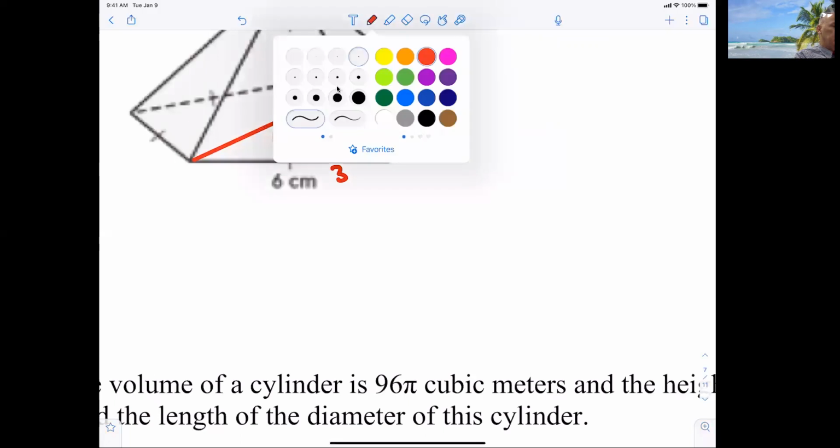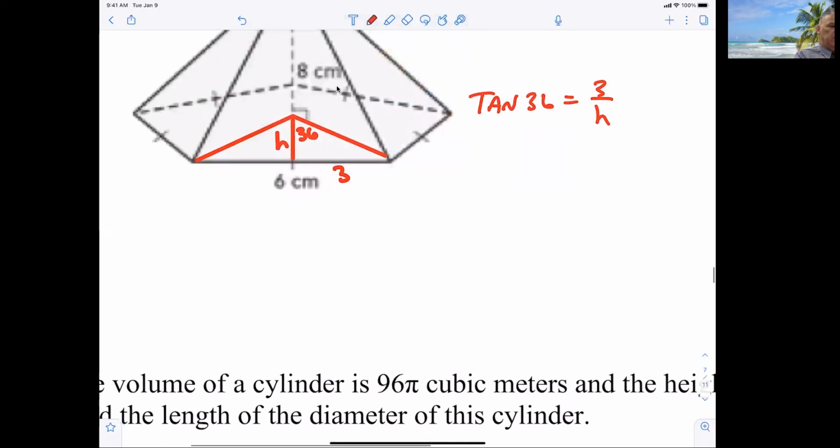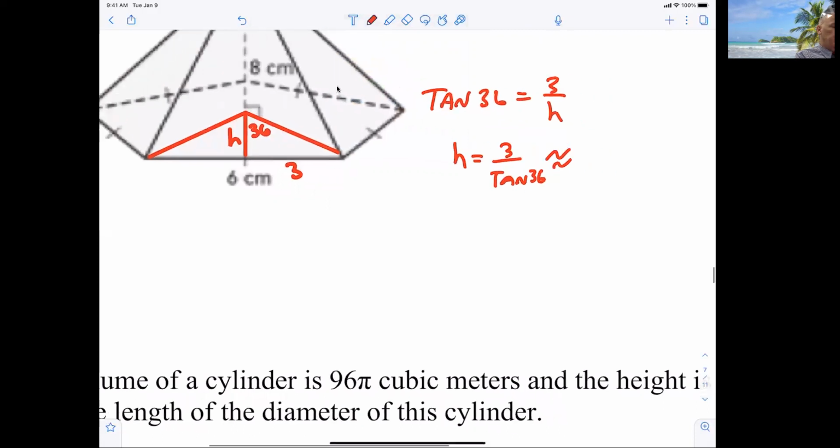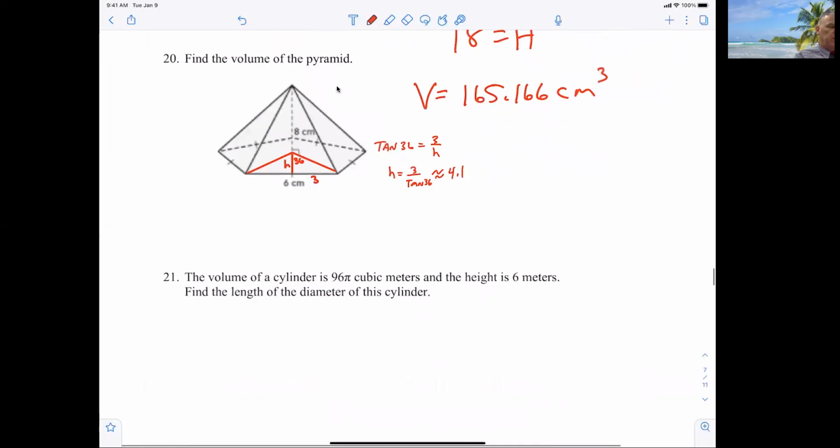I'm looking at the tangent, it looks like to me. Tangent of 36 is equal to 3 over h. Would you agree with that? So h is 3 divided by the tangent of 36, which is roughly what? About 4.1. I don't care because we're going to use that in our calculator, right?